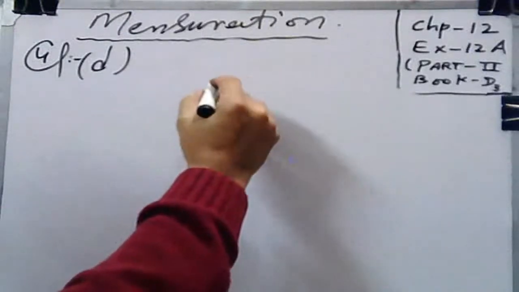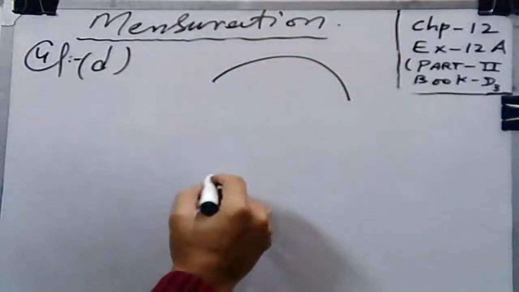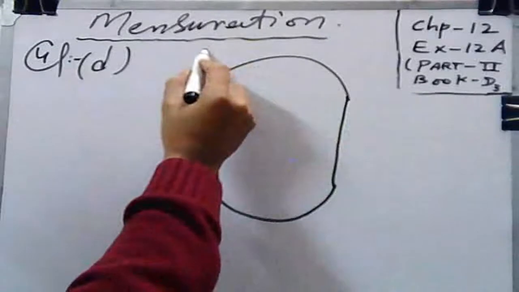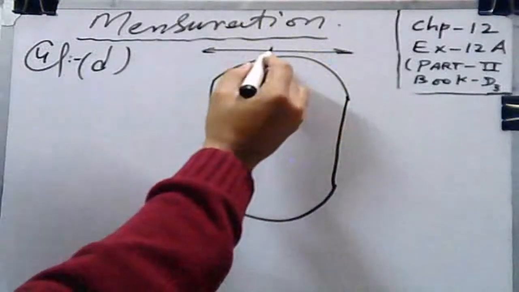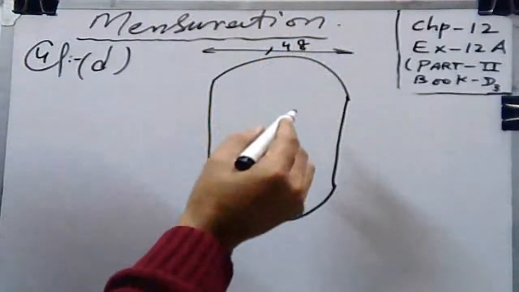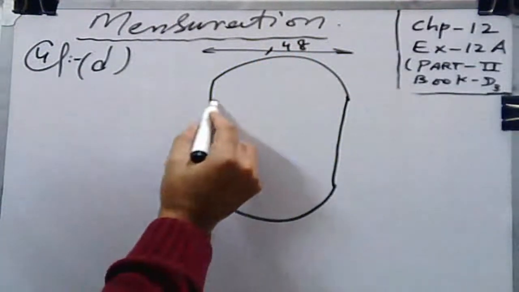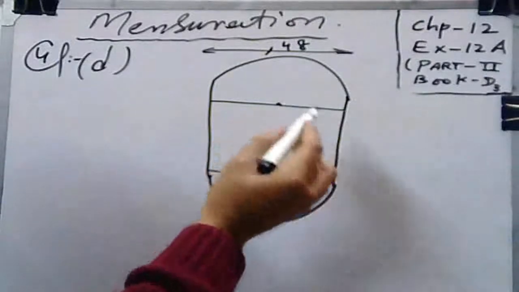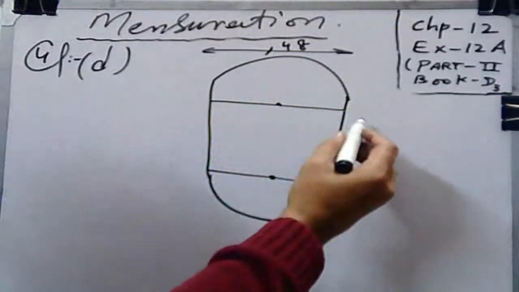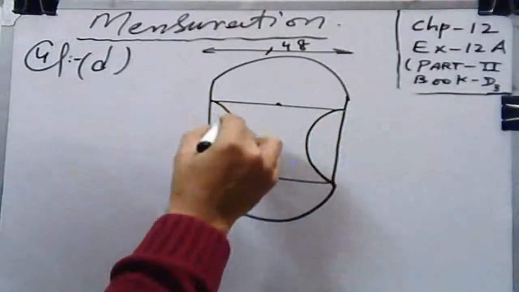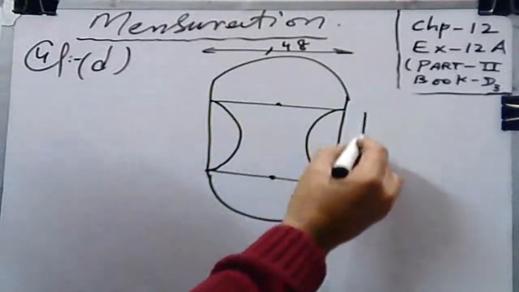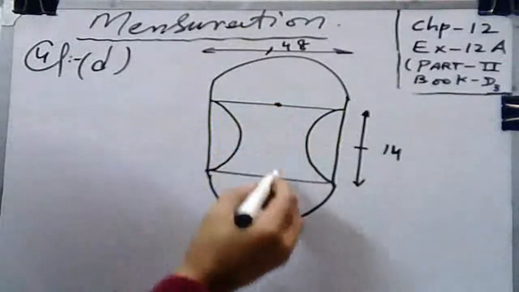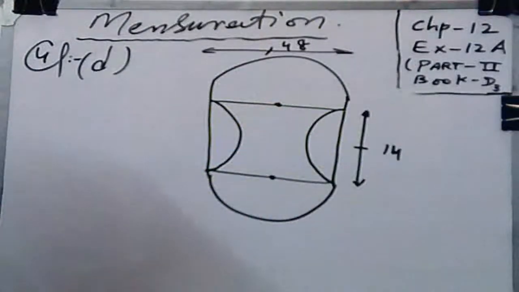You can see this one and this one, and this portion is equal to 48, and it is divided into 2 portions. Here we have small semicircles, and this length is equal to 14, and 48 is the center. So the given figure is like this. We have to find the shaded portion.